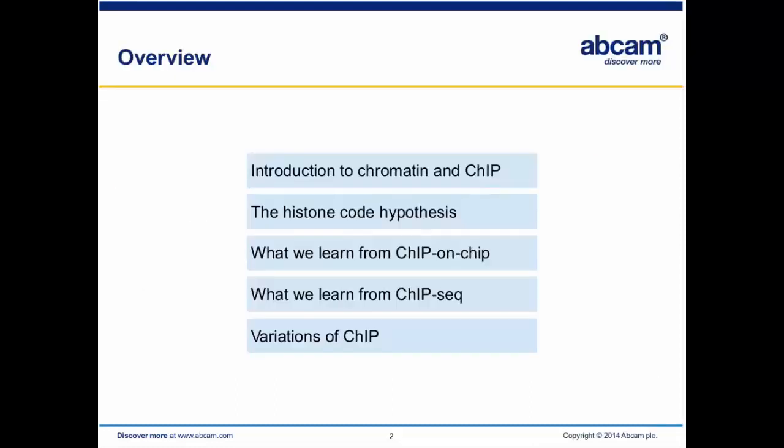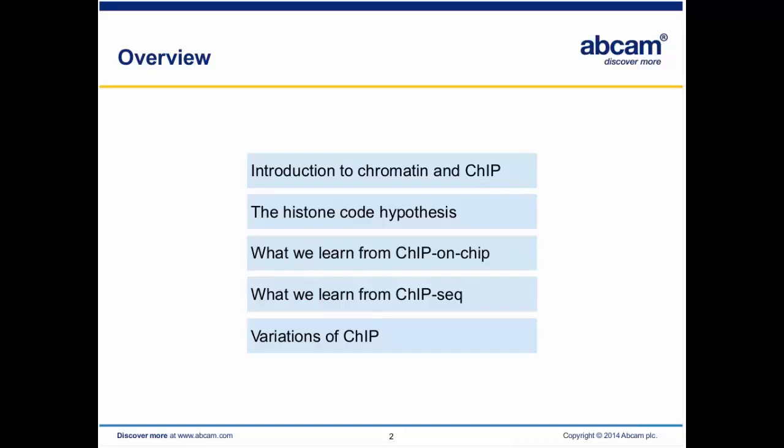I'd like to start by just giving an overview of what I'll be discussing in this webinar. I'll start with an introduction to chromatin structure and modifications, followed by a brief overview of the basic ChIP protocol. Next, I'll briefly introduce the histone code hypothesis that was first presented in 2000.